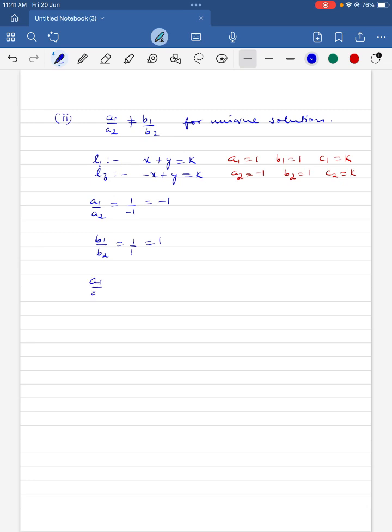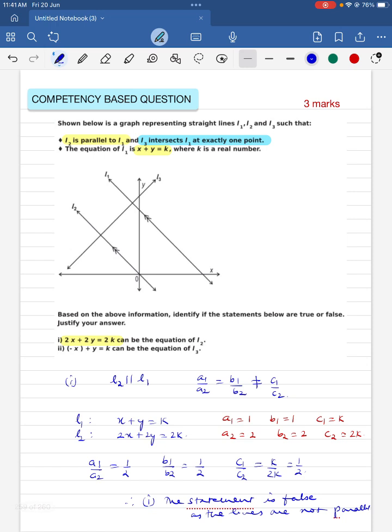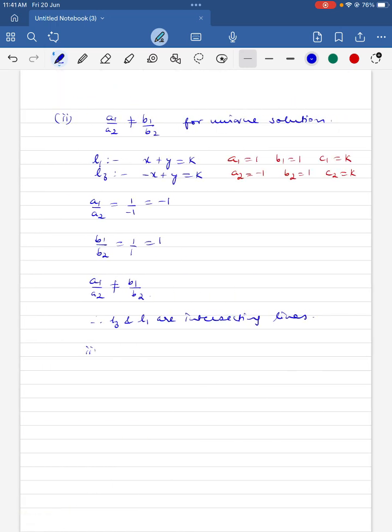So clearly A1 by A2 is not equal to B1 by B2. Therefore, L3 and L1 are intersecting lines. So the equation they've said can be the equation of L3. So statement 2 is true, as these could be equations of two intersecting lines.